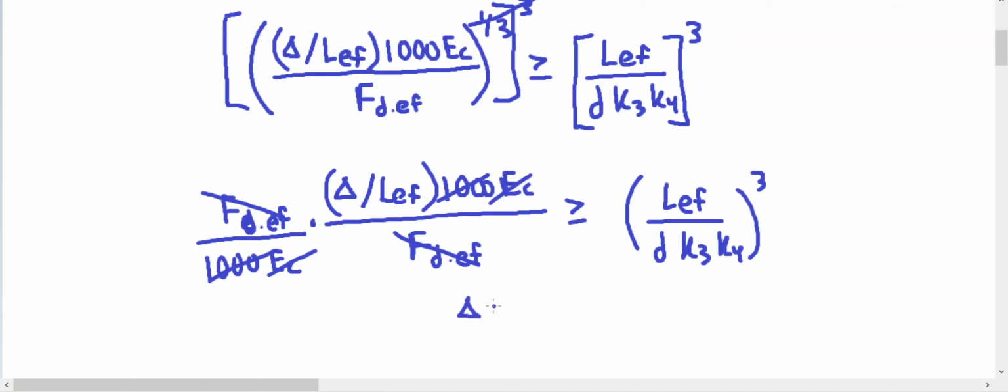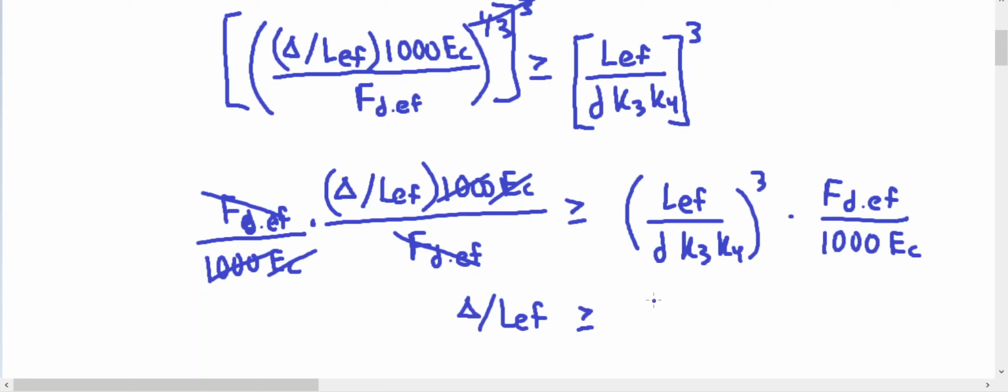And so what we're left with is delta over LEF on that side. But from before, whatever we did to this side, we have to do to the other side. So the net result was multiplied by this fraction. So we'll perform that over here. And so we take that entire result and just copy and paste that below.